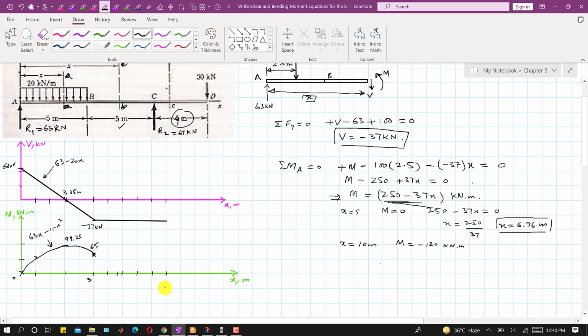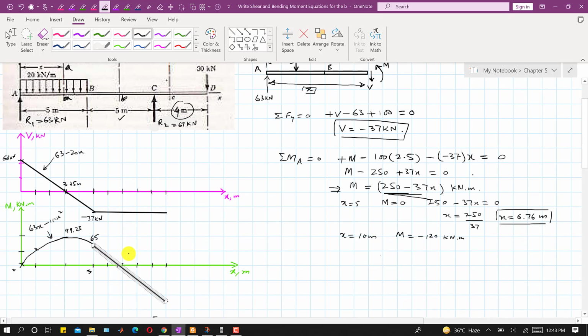So this is 50, 100, so 120 will be somewhere here. So we will join this particular point with this point, and it will pass through the x-axis at x equals to 6.76, right? So I will write here that at this particular point, x equals to 6.76 meters.